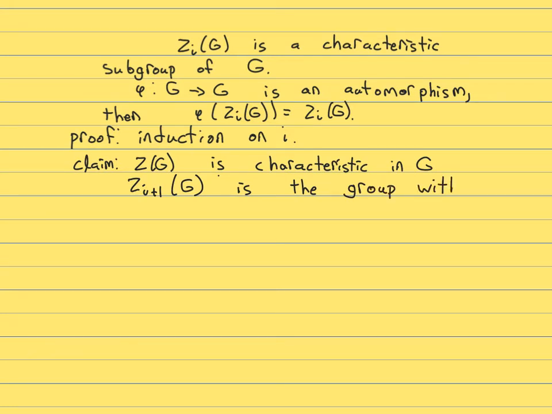so that when you quotient out by Z_i, you get the center of this quotient. Well, let's let phi be an automorphism.